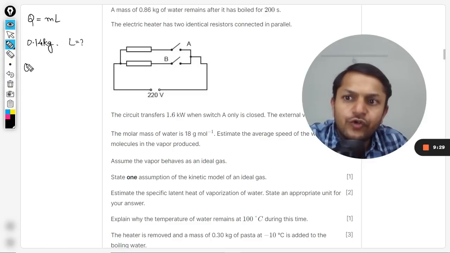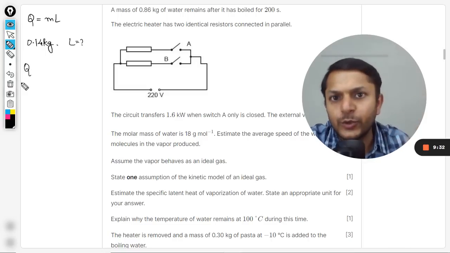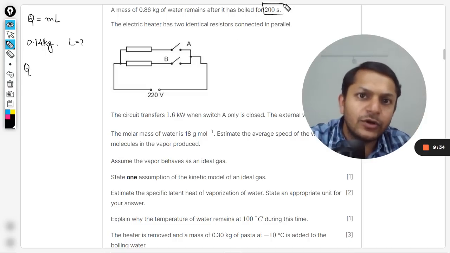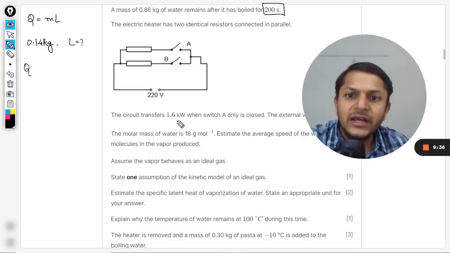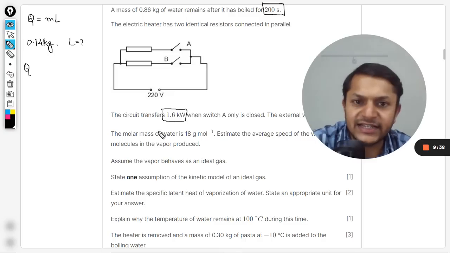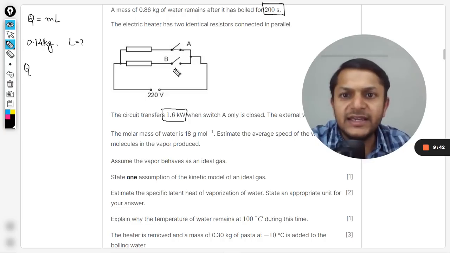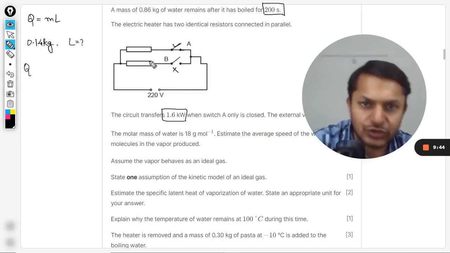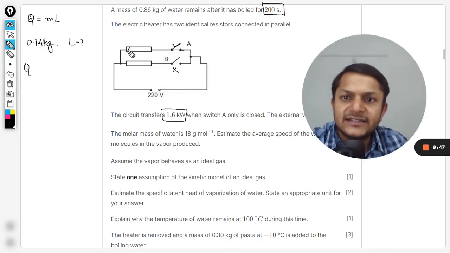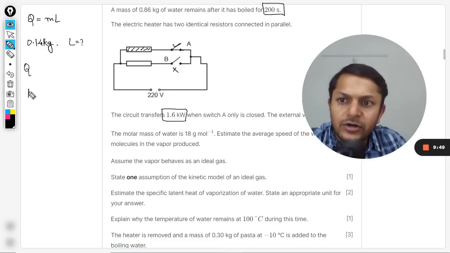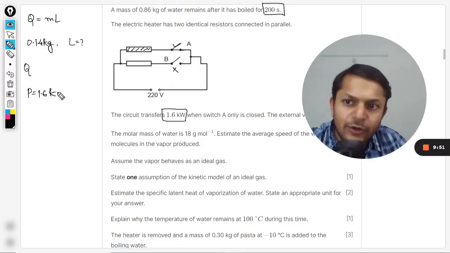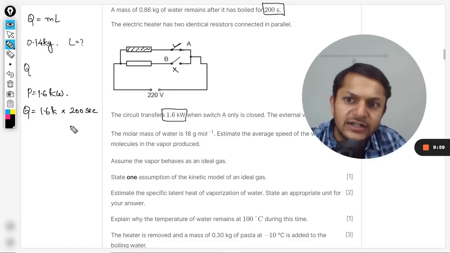So we first need to find what is the heat that was given to it. It is given that the heater was on for 200 seconds. The power is given as 1.6 kilowatt. We are just assuming that only one resistance is firing, B is open, and A is closed. In this case, the power is 1.6 kilowatt, and obviously the total energy will be power multiplied by time, which is 200 seconds.